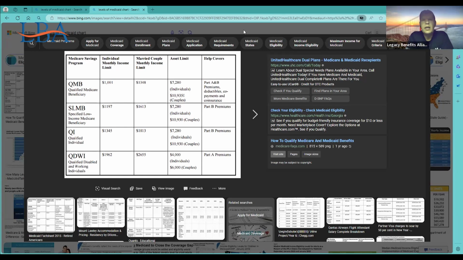So those are your three basic levels of Medicaid, and what they do. So what happens when you put somebody into a plan that is Medi-Medi, right? That's what they call those. Dual eligible plans are called Medi-Medi plans.